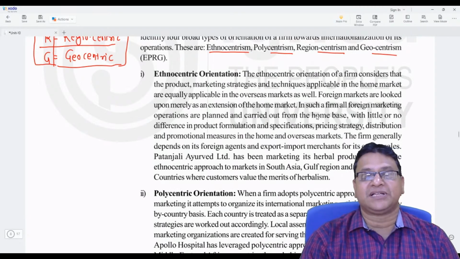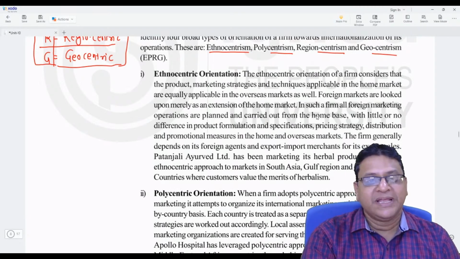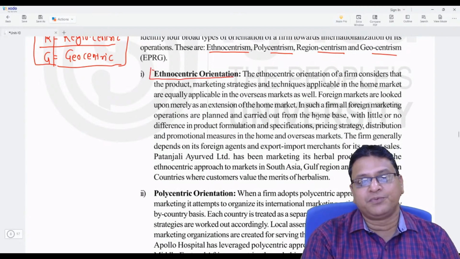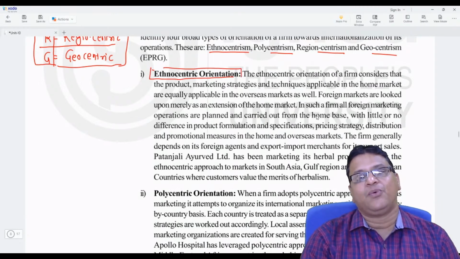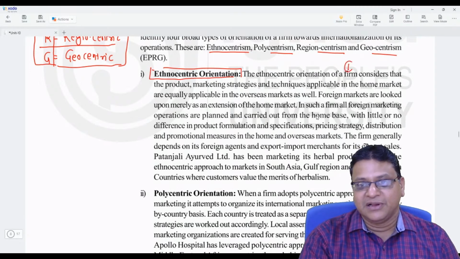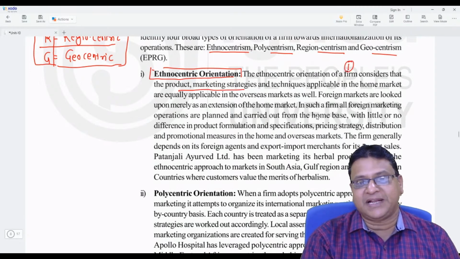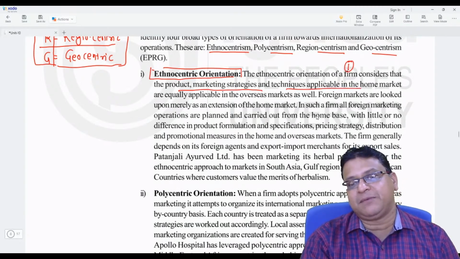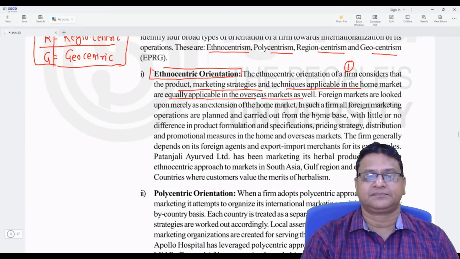There are many companies which follow the ethnocentric approach of doing international business. In the ethnocentric approach, they consider that the product, marketing strategy and techniques applicable in the home market are also equally applicable to the overseas market.